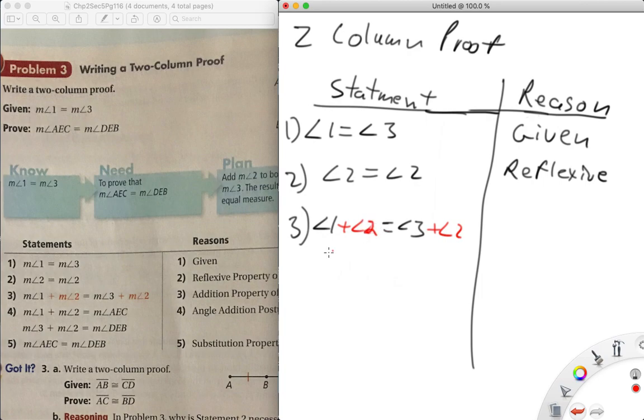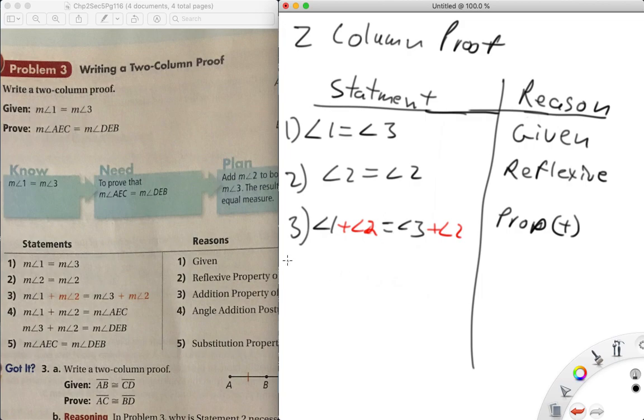This thing that we have that's equal to itself, if we add it to both sides, so look at our first line. Our first line is 1 equals 3, and then we added 2 to both sides. 1 plus 2, 3 plus 2. Whatever we add to one side, we add to the other. So this is the addition property of equality, which says that if I add the same thing to both sides, the equal sign remains true.